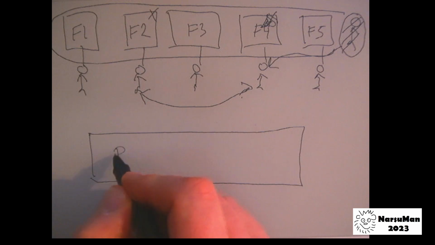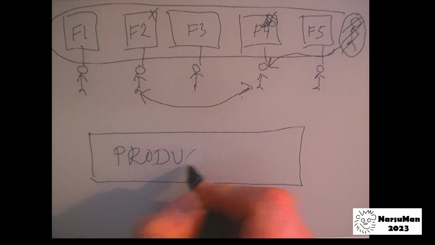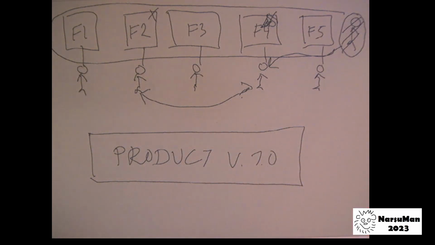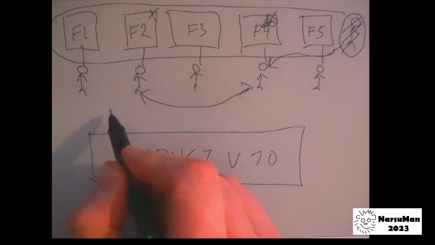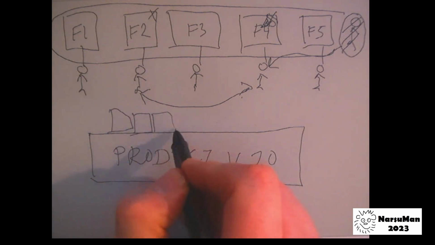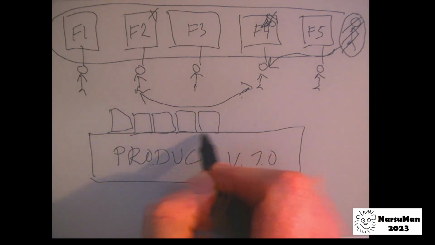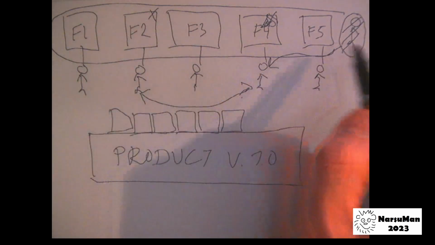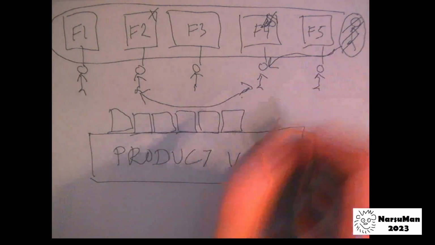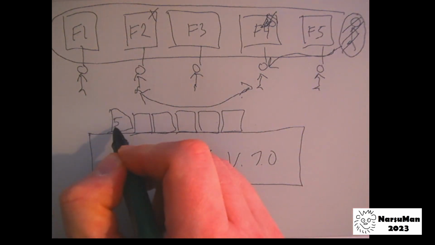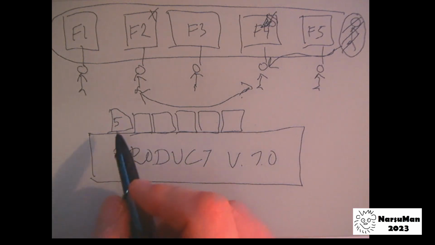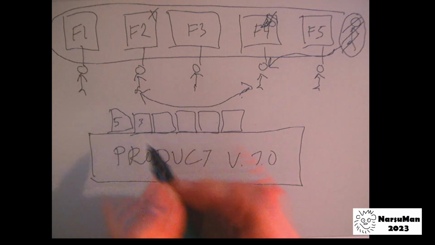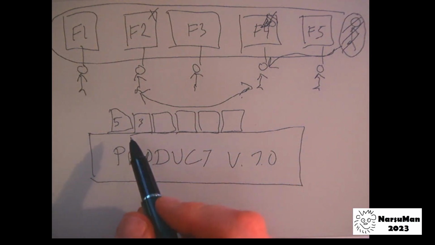This is our product. It will be version 1.0. So our product actually contains features which we are delivering in a certain order. And it could be that we look at our feature set and see that feature 5 is easiest to do at this moment. Let's make it first. And then we see that feature 3 is the second one in the pipeline.